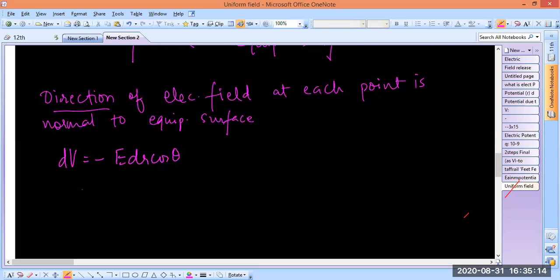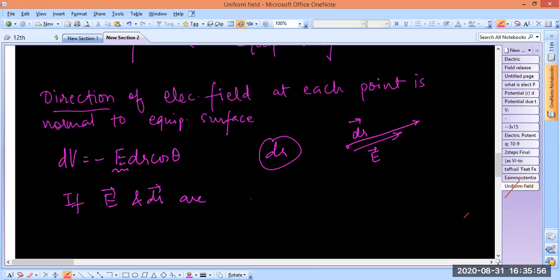This means if you want to find the direction of electric field, then listen to this carefully: the dr vector, if it is in the same direction as the electric field, if electric field vector and dr vector are in the same direction, then theta is 0.